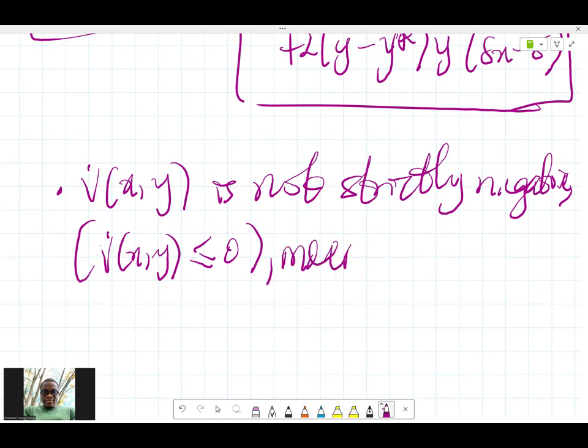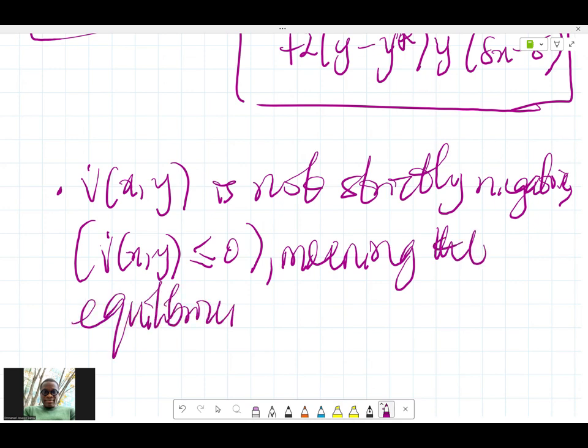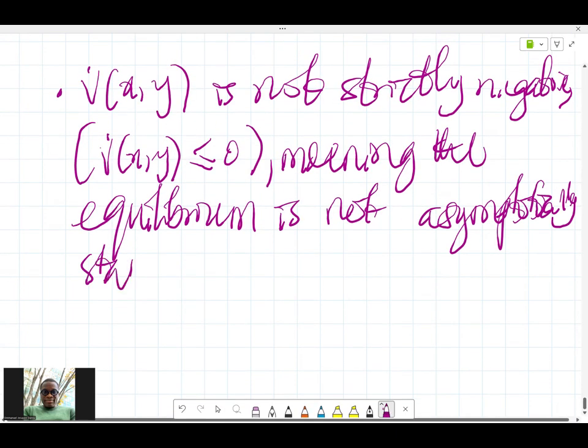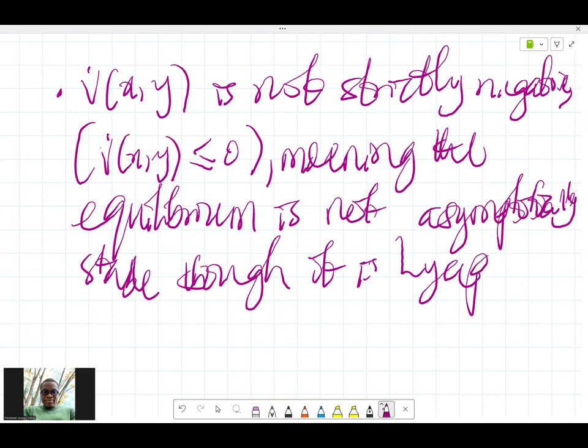That means the equilibrium is not asymptotically stable, though it is Lyapunov stable.